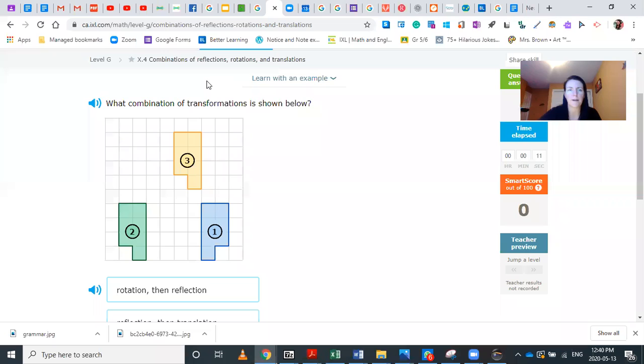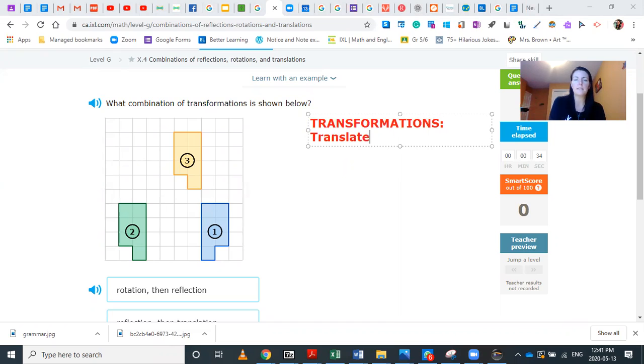Let's start by reminding ourselves what each of these things mean. Remember, your overall heading would be transformations, and that is all of your changes that have happened. You have got 3 different ones. You've got translate, and that is a slide across.